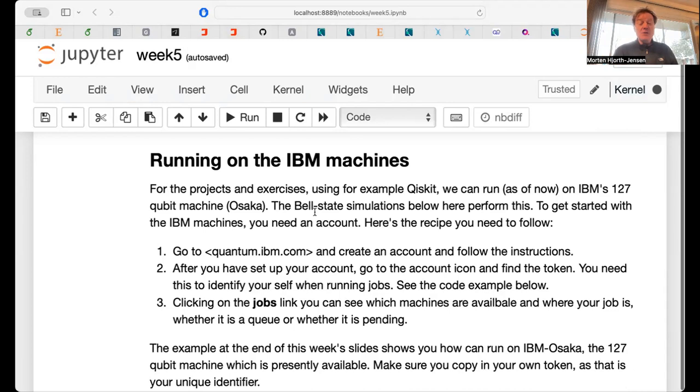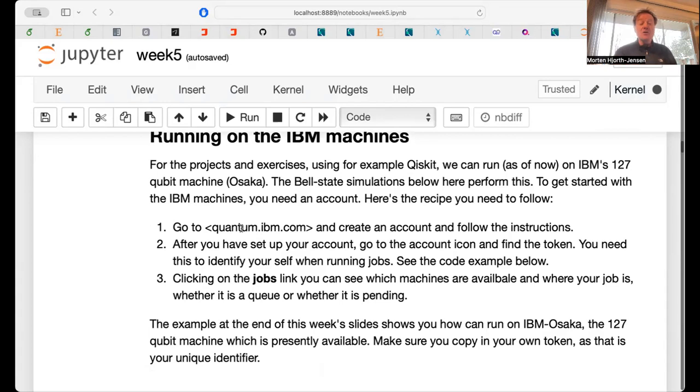So the Bell state simulations, which you find below after Karen's exercises, is a simulation which I was running during this weekend. You can follow that one and see how you can compare the code you will develop with IBM's Qiskit and running on the IBM machines.